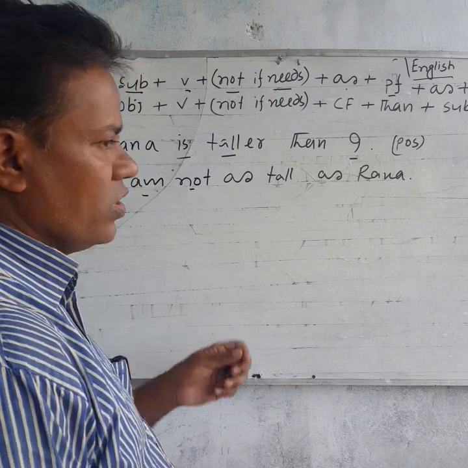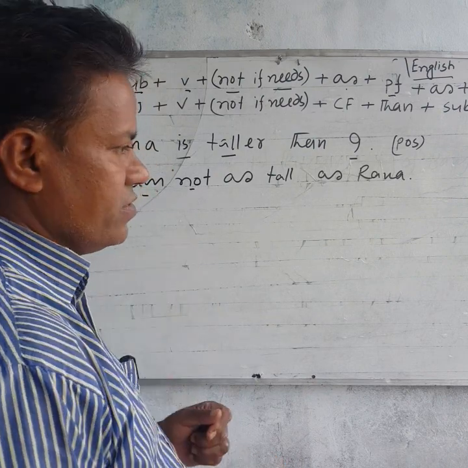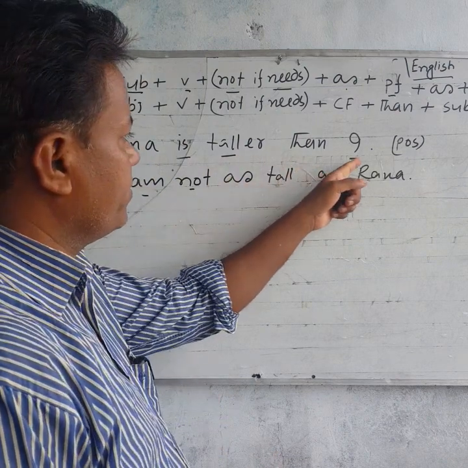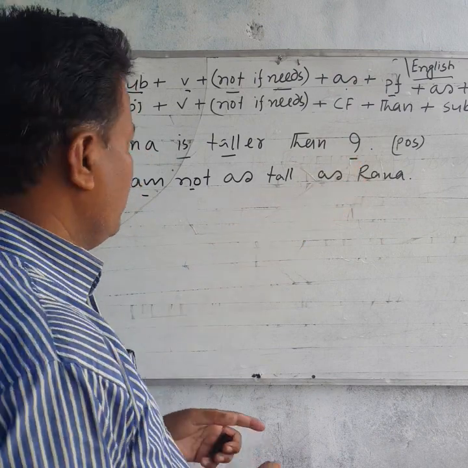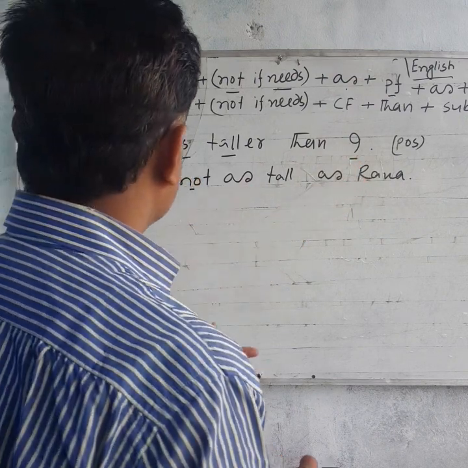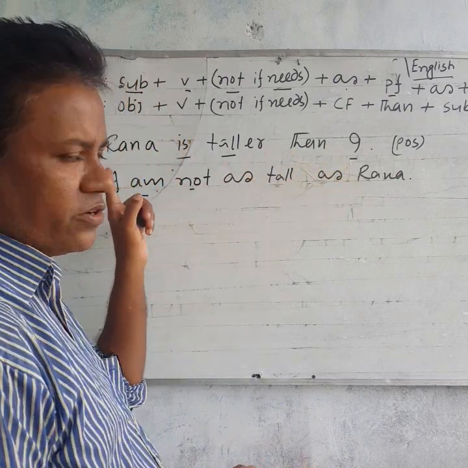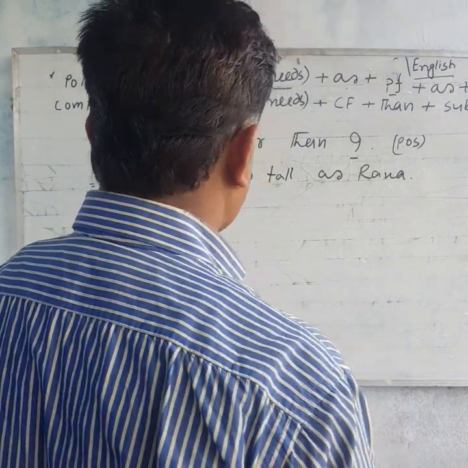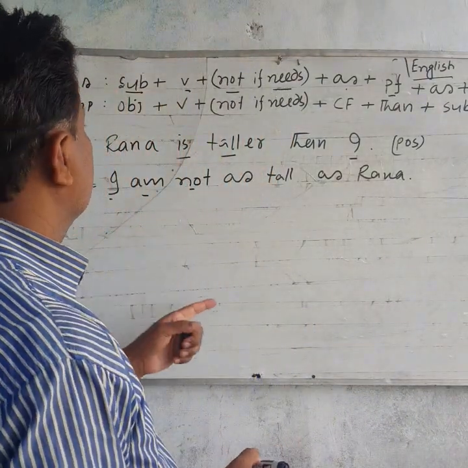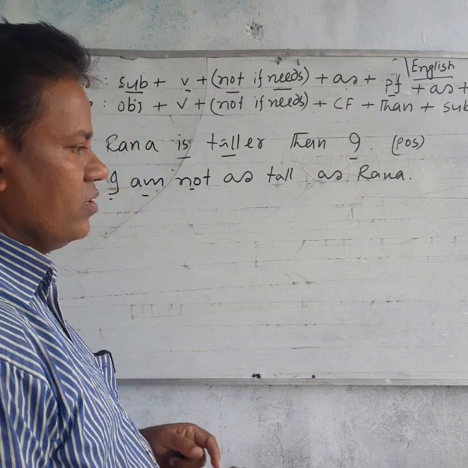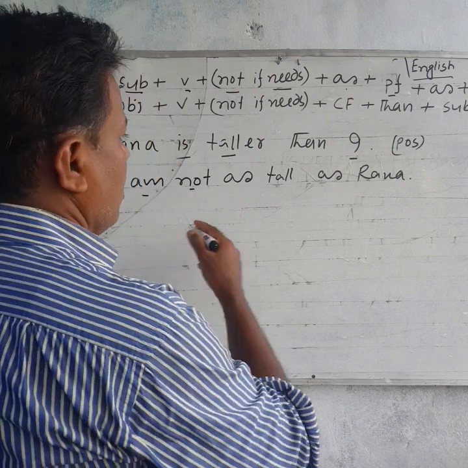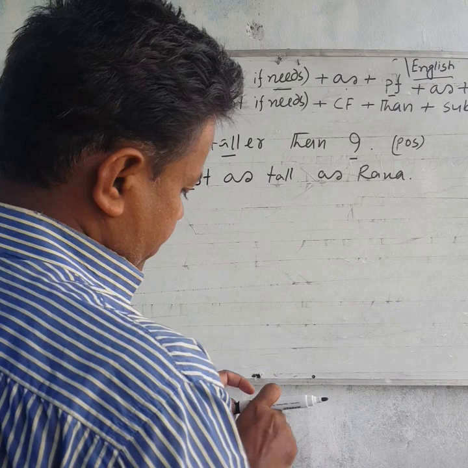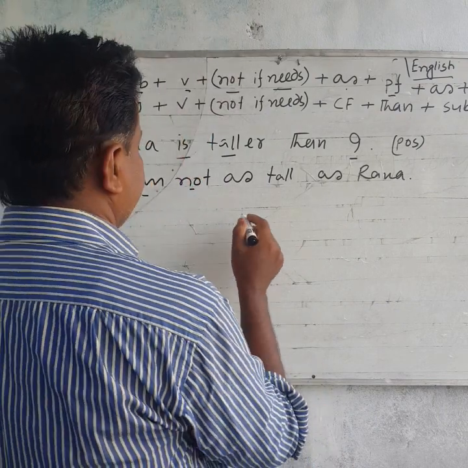So this is one of them. What kind of rules? At first you have to recognize, here is Rana, on the other hand object is I. So there is a comparison of two things, that means object or subject, that instantly you will make a decision that this is such a rule. After that you will make this solution. Now another sentence.